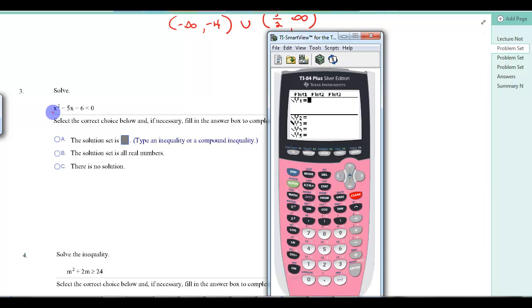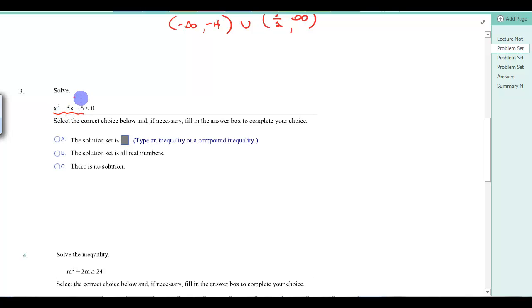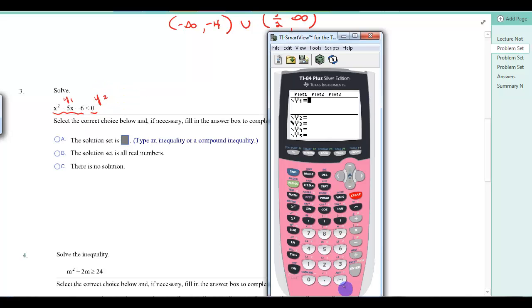Remember, we're going to put this in y1 and this in y2. All right, so we'll go here and we'll put x squared minus 5x minus 6 and y2 to be 0. We'll hit graph.